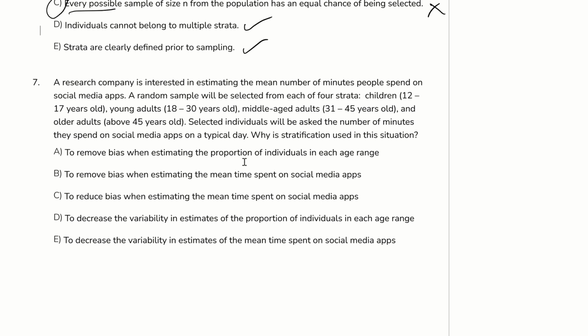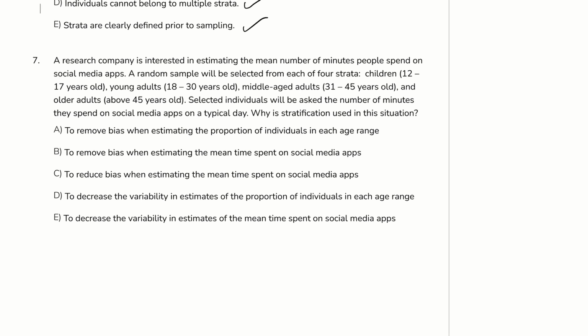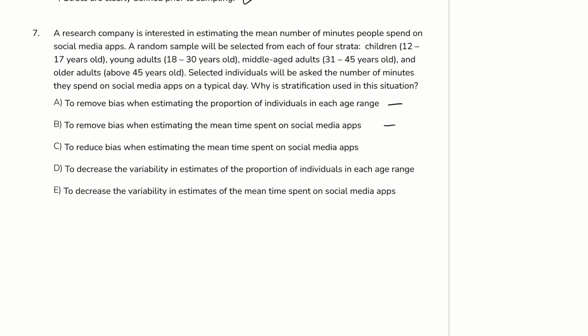But you do know that certain age groups are going to influence it in a certain way, or there's a relationship there. To remove bias when estimating the mean time spent on social media apps. Okay, so this one's when estimating the proportion of individuals, that one's when estimating the mean time. Again, the same idea. That's not why stratification is used.